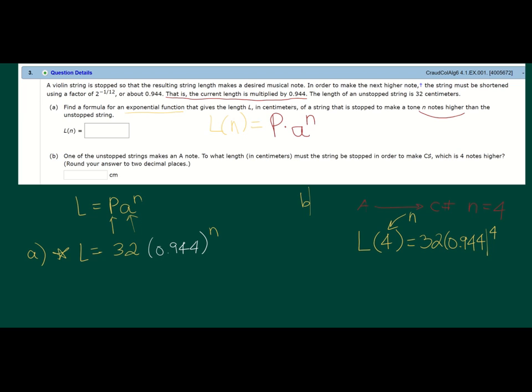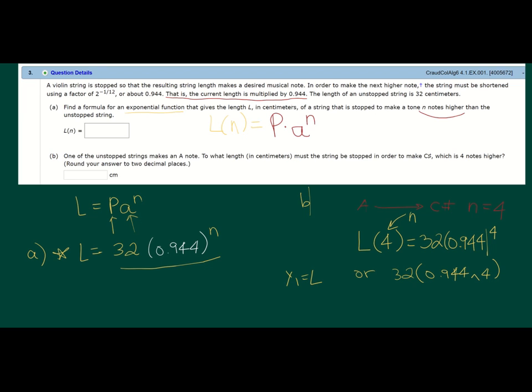And you can use your calculator to figure this out. Either you can let y1 equal your whole formula for L, which would be 32 times 0.944 raised to the x power in your calculator. Or you can just, in the main calculation screen, type in 32 times 0.944 raised to the 4th power.